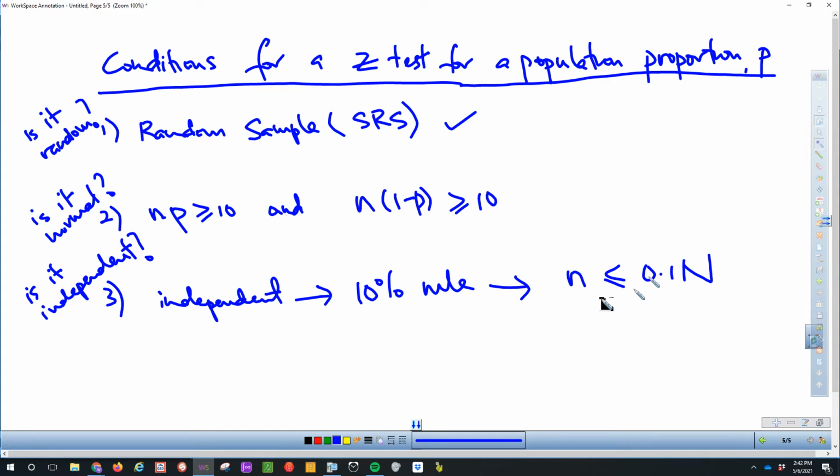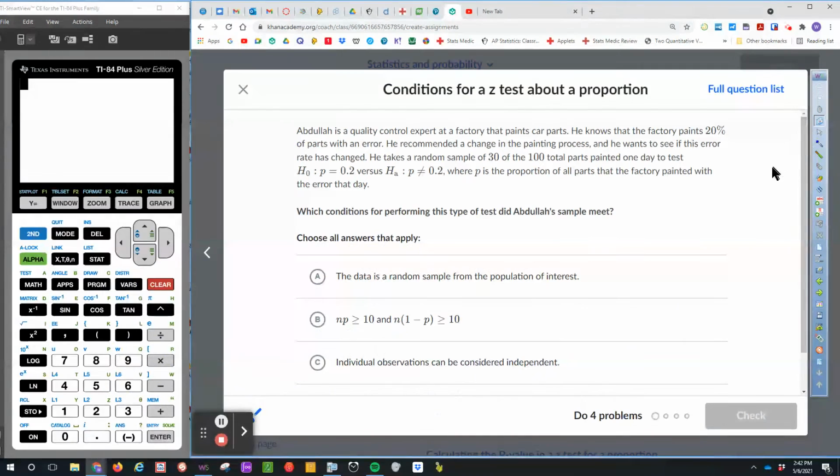When you divide both sides by 0.1, this goes away, so your population has to be more than the sample size divided by 0.1. As long as it's reasonable to assume that the population is more than this number, the 10% rule is satisfied. So let's dive in.